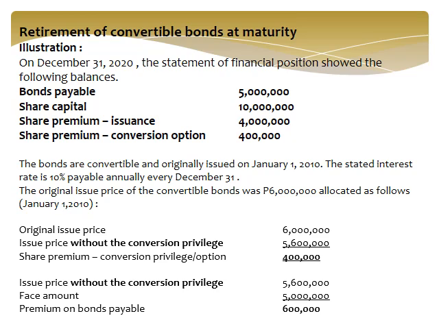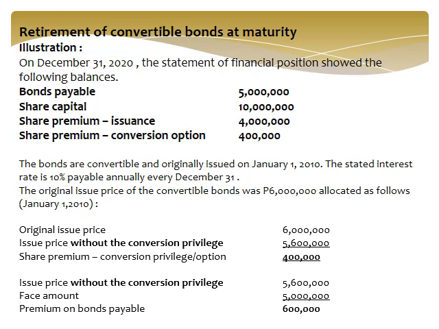And the share premium, the residual, is 400,000 for the equity component. So, the difference between the issue price allocated to the debt component and face amount of 5 million is the premium on bonds payable. Since mas mataas yung issue price, we have 600,000 premium.